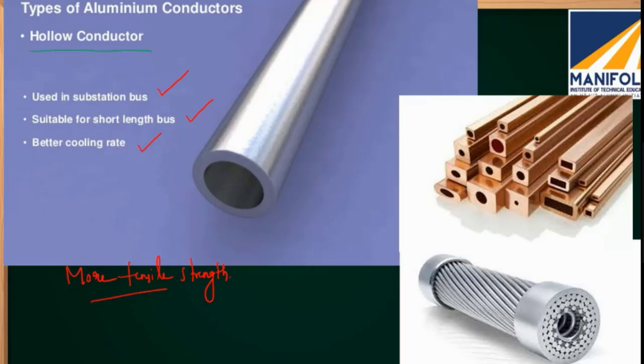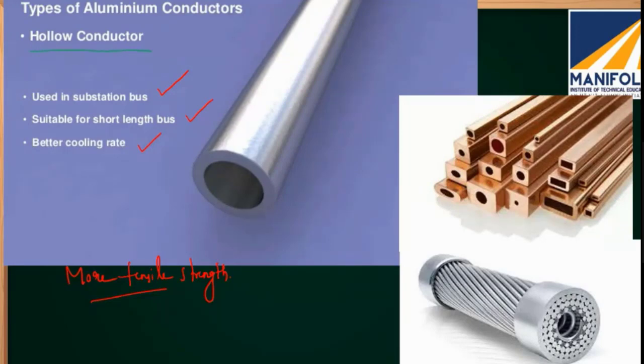And the second one is, since they are carrying a huge amount of current, the I square R losses will be very high. So in order to cool down the bus bar, some air circulation or oil circulation or some ventilation is required. Some cooling mechanism is to be kept. Hollow conductors offer this, because the inner portion is empty, we can use that portion for circulating air or some sort of insulating oil to cool the bus bars.